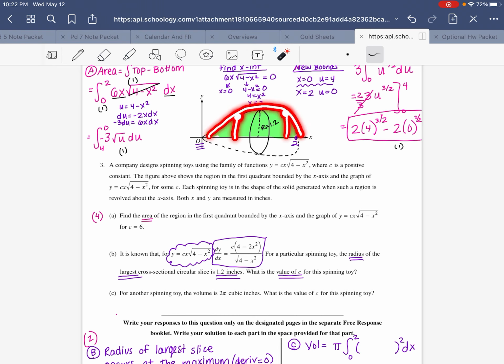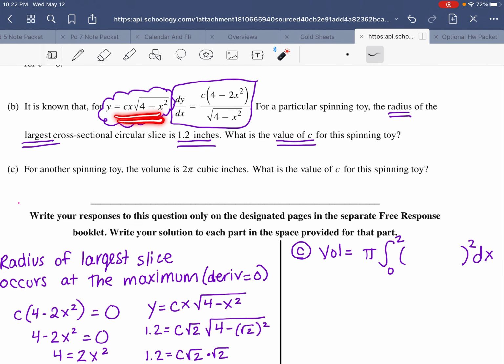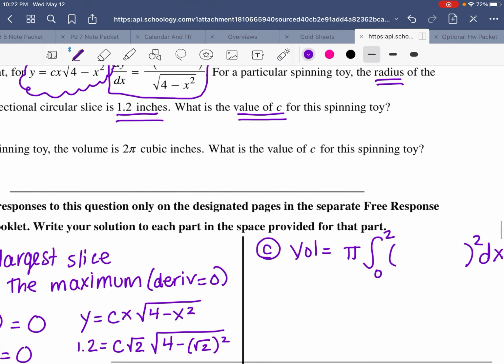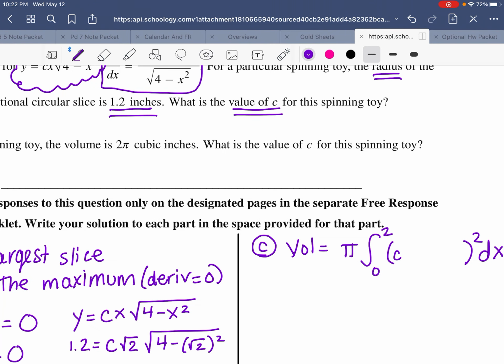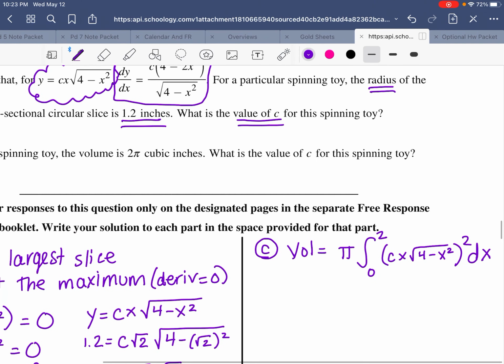So the radius is just going to be whatever my function is, back down to 0. So my function is this big long thing. I'm going to put that in here: Cx square root of 4 minus x squared. And I know that all this should be 2 pi. So I've got some work to do. So I'm going to say volume is 2 pi.